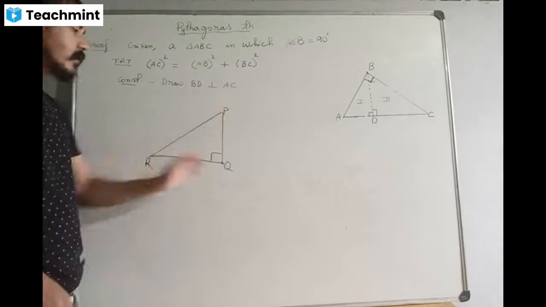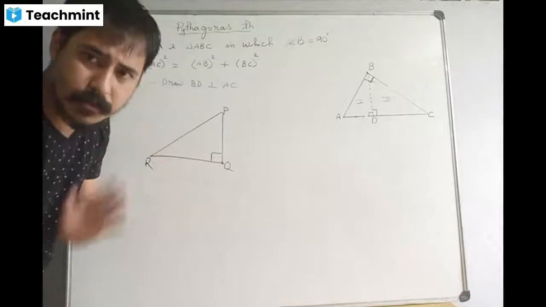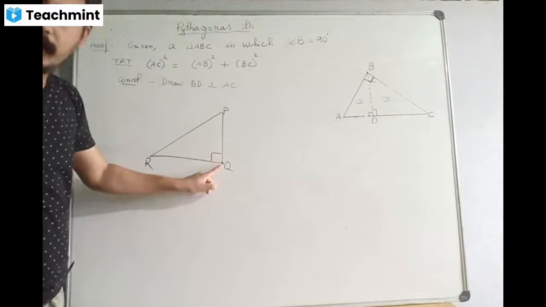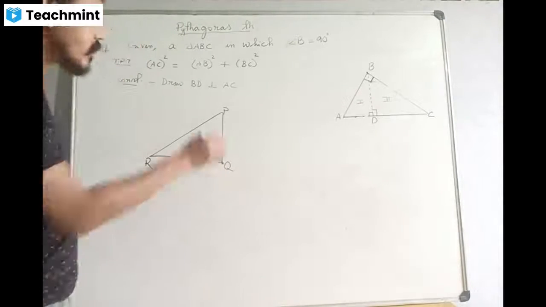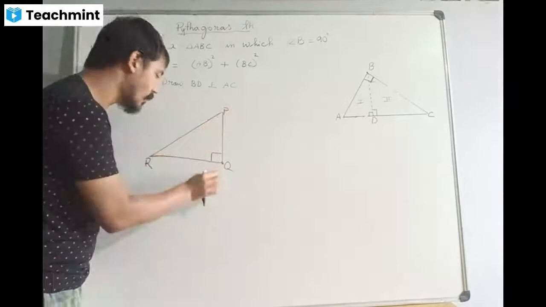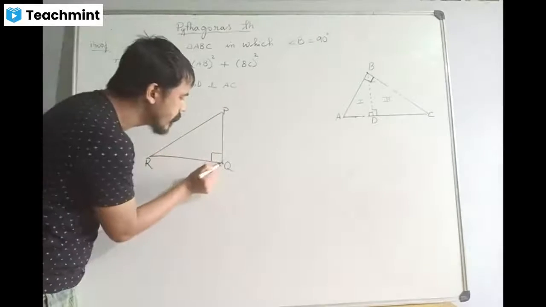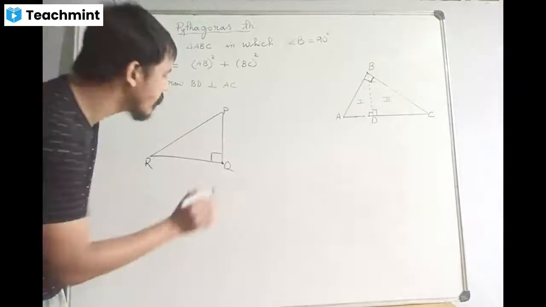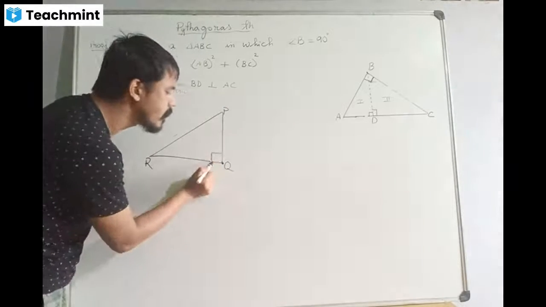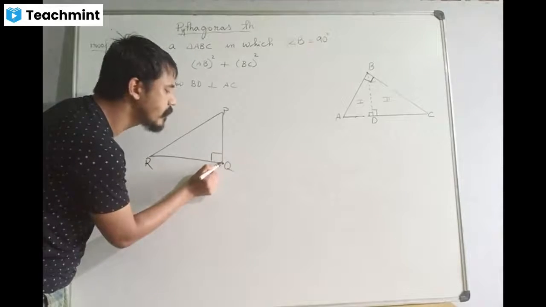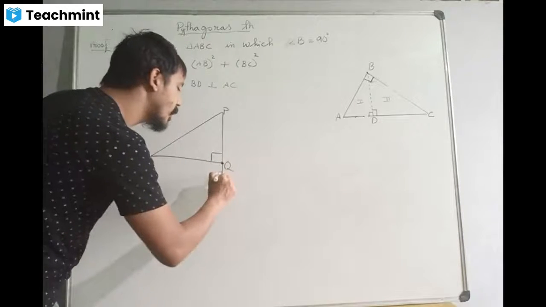See, I have drawn a simple right triangle in which the right angle is at Q. Now this triangle has three vertices, P, Q, and R. This Q is the vertex of the right angle. See, I have drawn the right angle at Q.